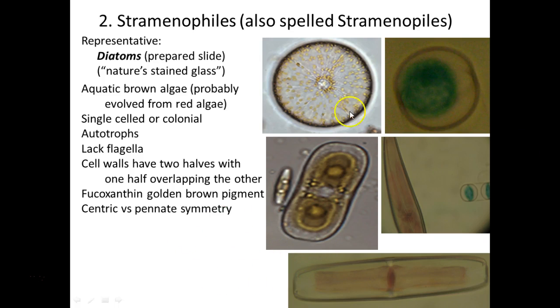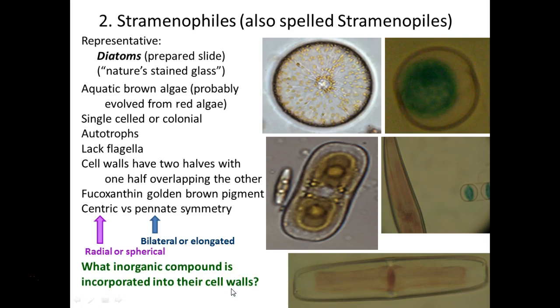So we need to know the 2 different forms. The centric, which are the radial symmetry, spherical ones, as opposed to the pinnate, which are the bilateral or elongated ones. I want you to be able to try and find both. Now these guys are sometimes called nature's stained glass because they contain what substance in their cell walls? What makes up glass?